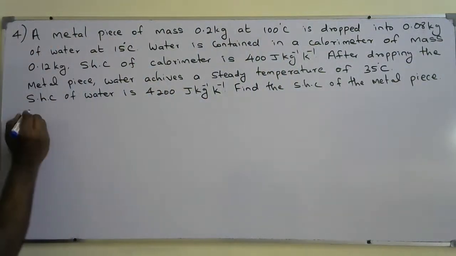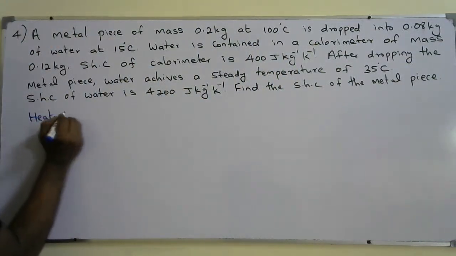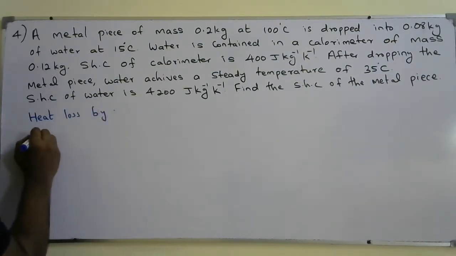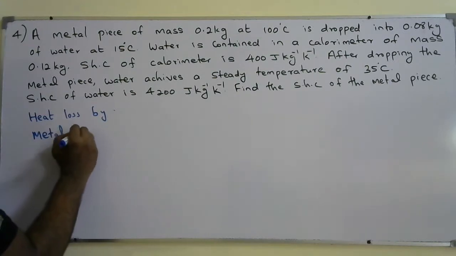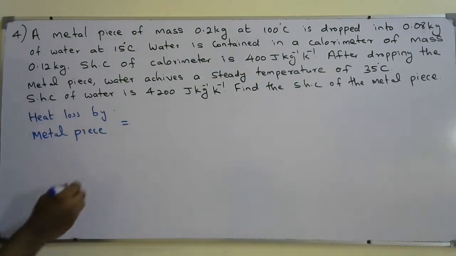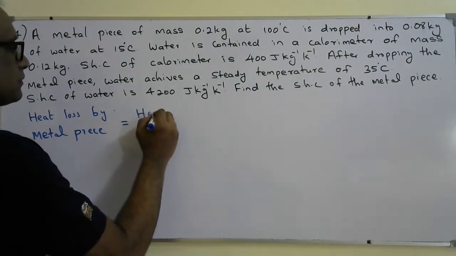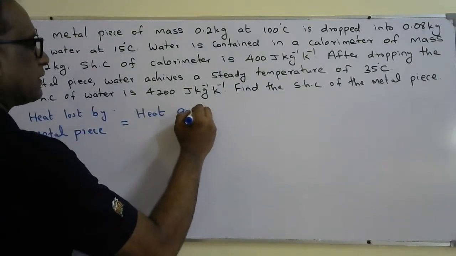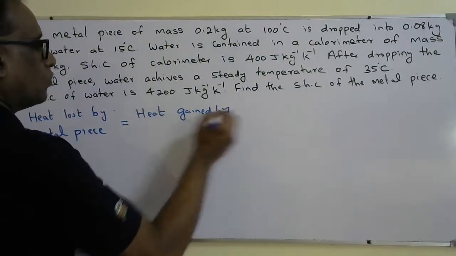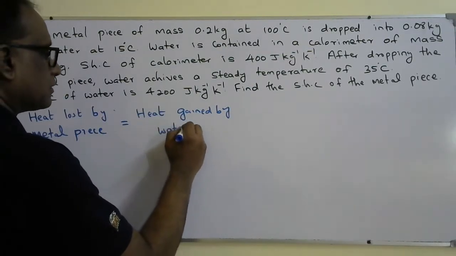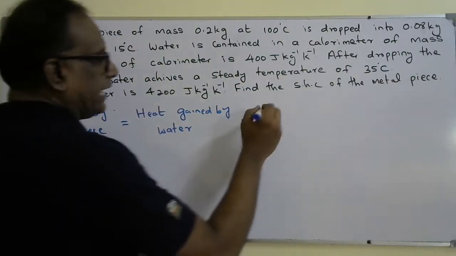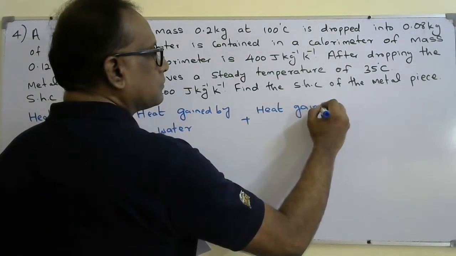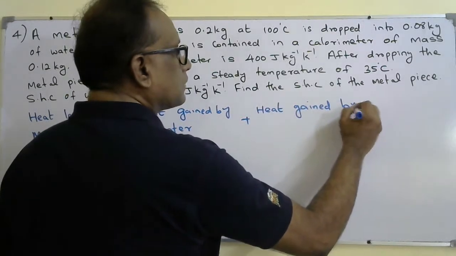So we can say heat lost by the metal piece equals heat gained by water plus heat gained by the calorimeter.